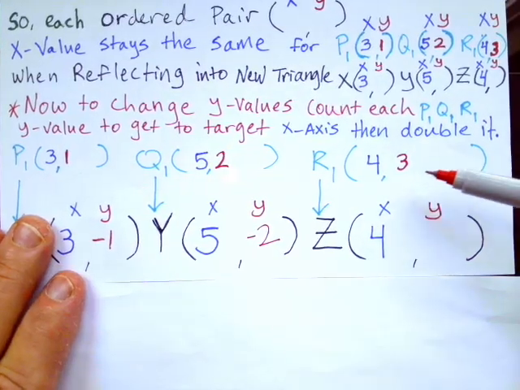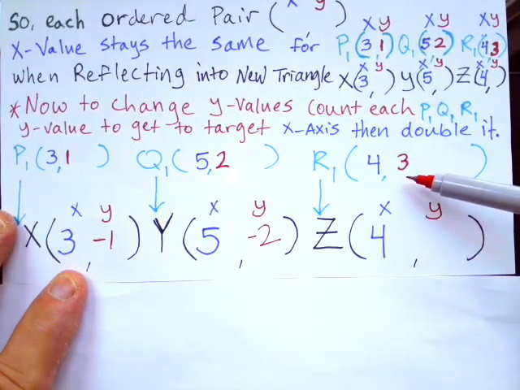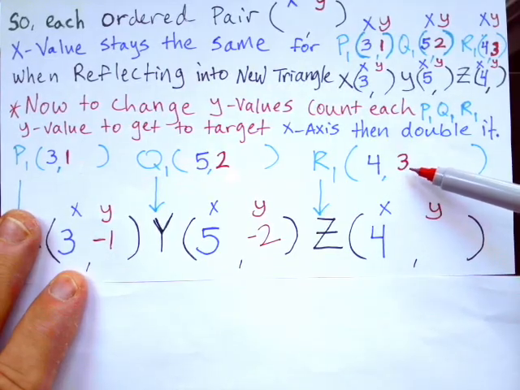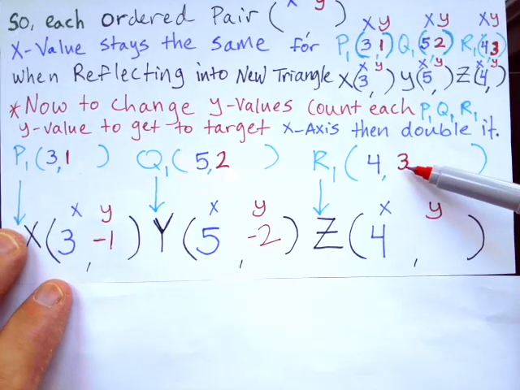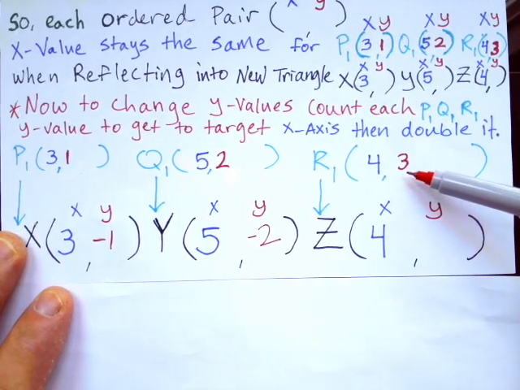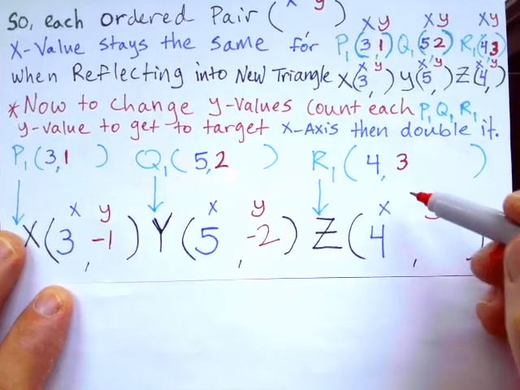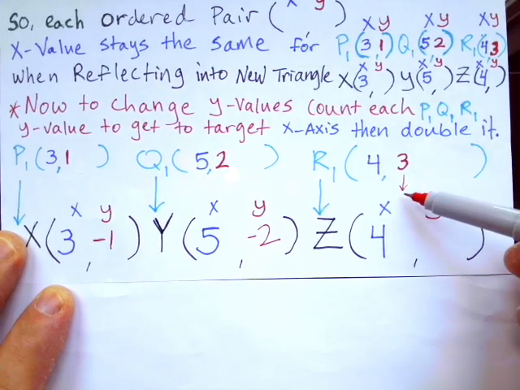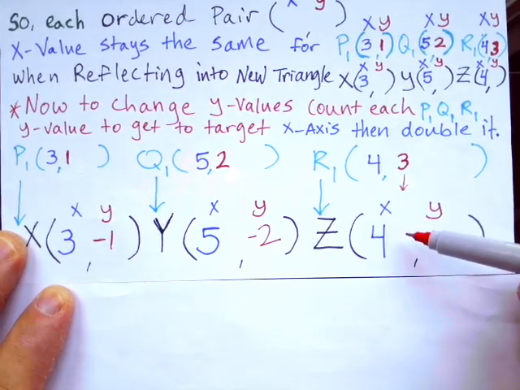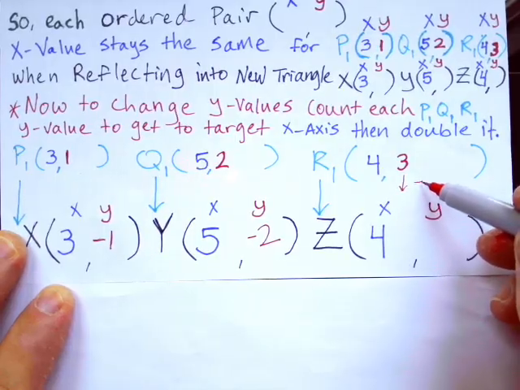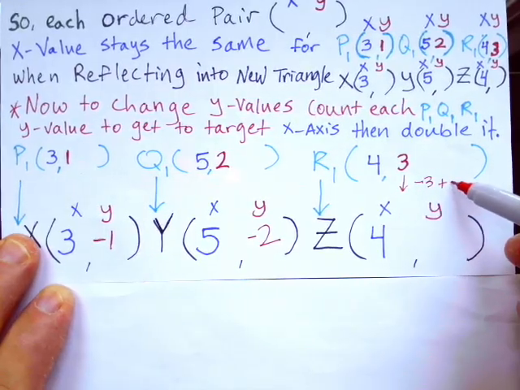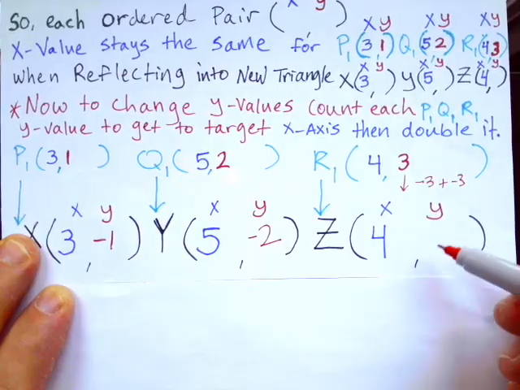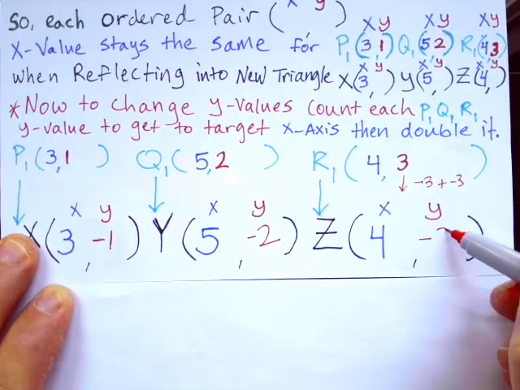And so for the y value for R prime 3, which is +3, to touch the x-axis, you count 3 in a negative direction. 1, 2, 3. And then in order to get from the x-axis to its new reflected location, you count another -3. -3 from 0 is -3.